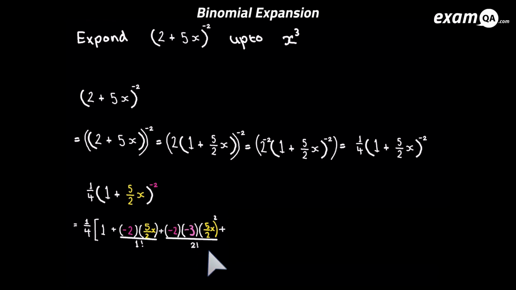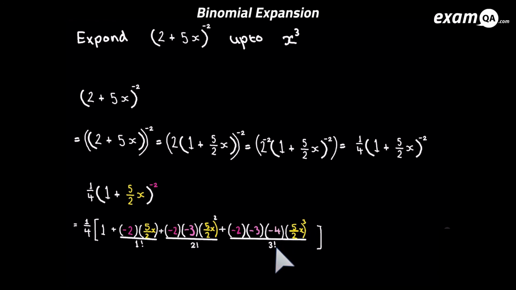And the next term, of course, the power again, the minus 2, multiplied by 1 less than the power, minus 3, multiplied by 1 less than the power again, which is minus 4. And then we have 5 over 2x raised to the power of 3. And all of that's over 3 factorial.